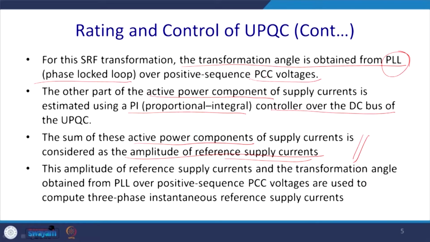So, the amplitude of this reference supply current and the transformation angle obtained from the PLL positive sequence PCC voltage are used to compute the 3 phase instantaneous reference supply current. That is something we will see in our next classes, how PLL functions and how we generate this reference in this method.